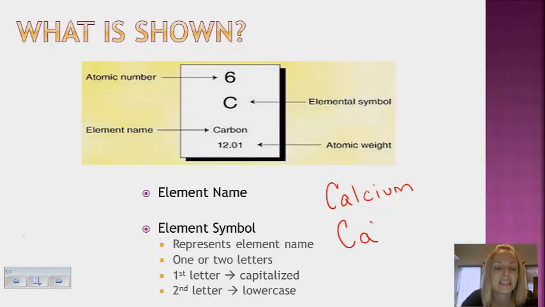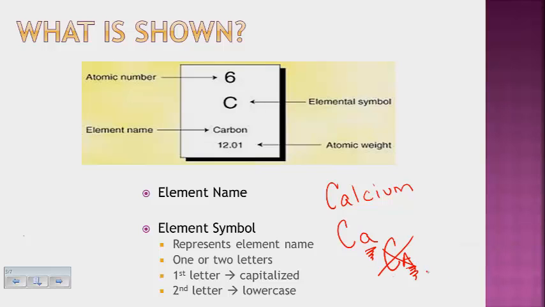Now what I tend to see students doing, and which I don't want you to do, is writing the symbol with a capital C and then a capital A. Even though this capital A is smaller than the capital C, this would be incorrect. It has to be lowercase. So please be aware when you are writing your symbols what they look like, because you don't want to get something wrong just because you made that mistake. Okay? Moving on.